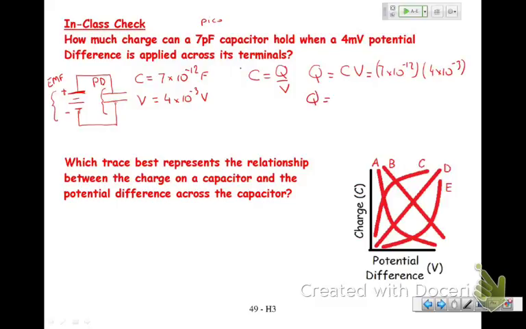My charge is going to be equal to 28 times 10 to the minus 15. What's that going to be? Coulombs. Am I right on that? Did I do that right?